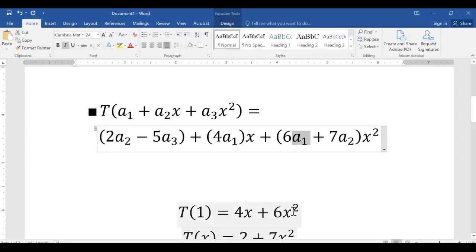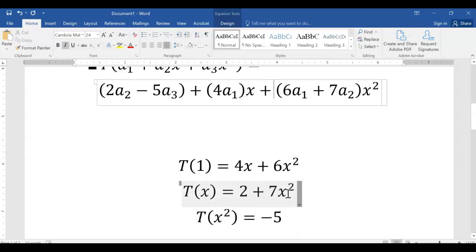So there you go. In a similar way, when you plug in x, a1 and a3 are going to be 0. So anytime you see an a3 or an a1, it's going to be 0, and anytime you see an a2, it's going to be the number 1. So you go 2 plus 7x squared.